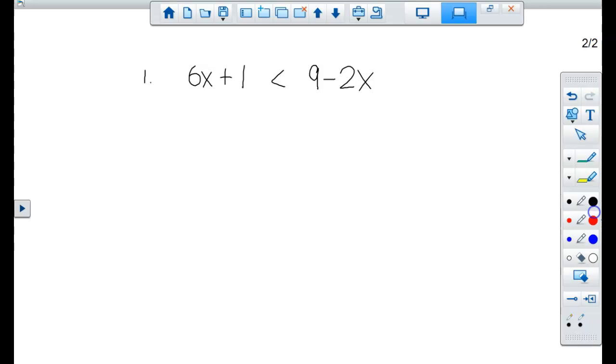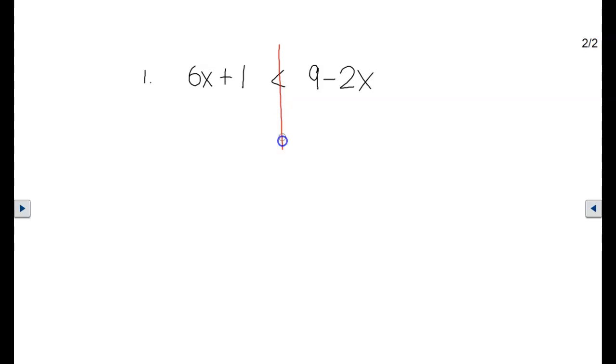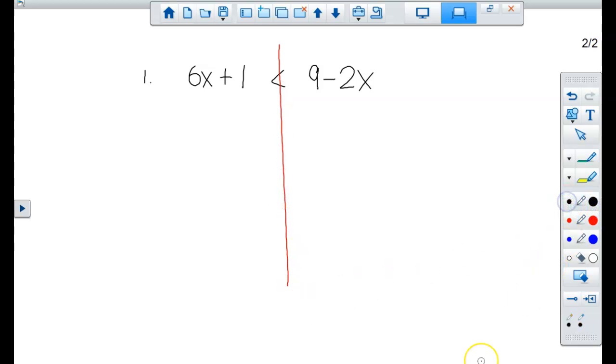So, some examples. 6x plus 1 is less than 9 minus 2x. I would still, if I were you on these, draw a line through that inequality symbol. And then we go through the 5 steps. So, do we need to distribute on this problem?